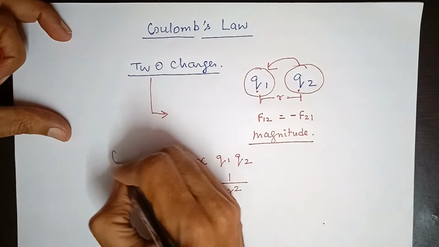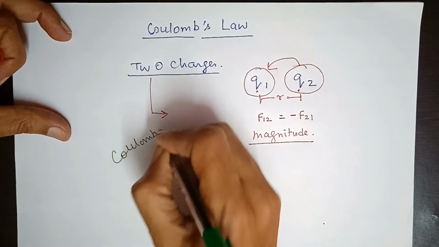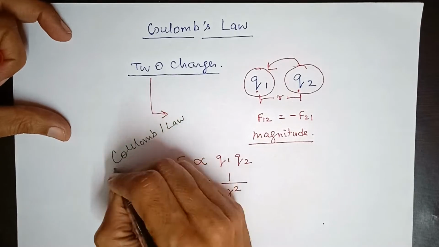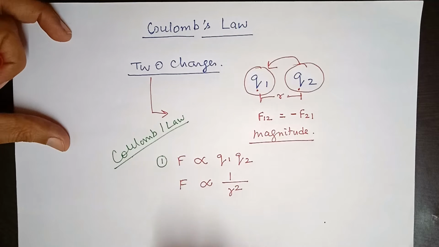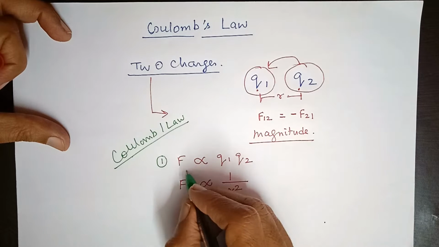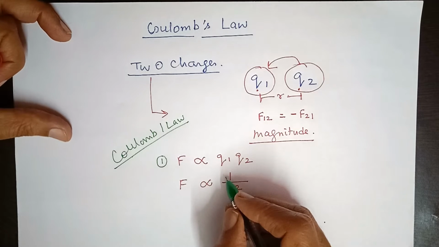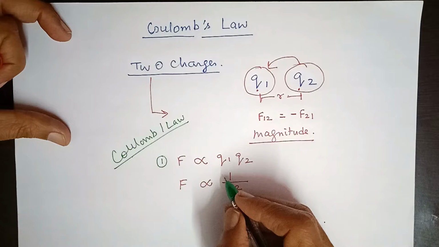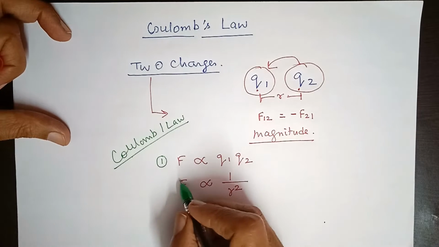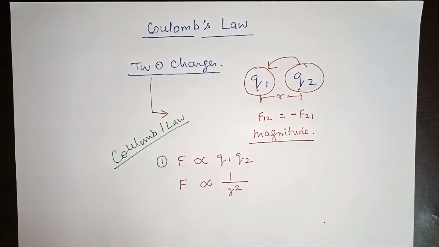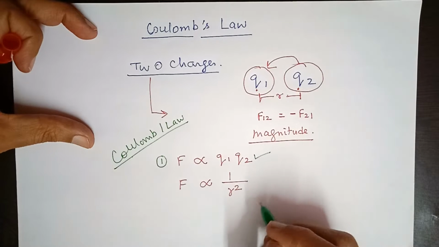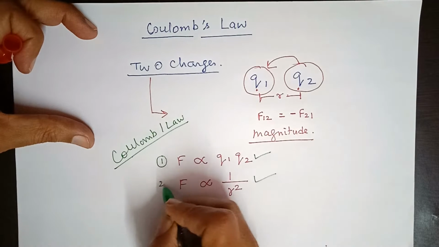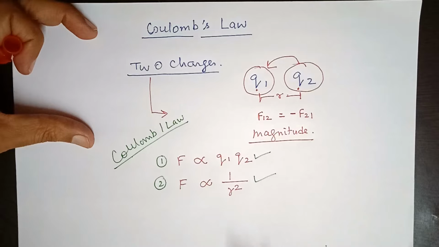So Coulomb's law has two parts. One is magnitude: the magnitude of the force exerted by the two charges on each other is directly proportional to the product of the two charges, and inversely proportional to the square of the distance between the charges.